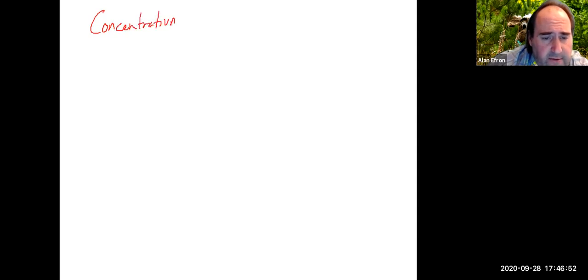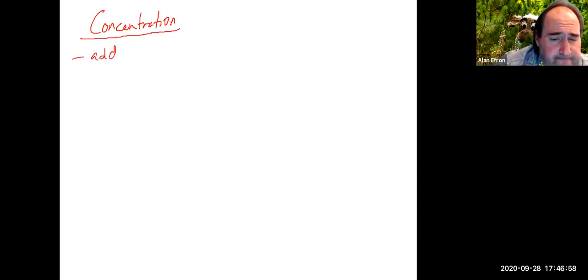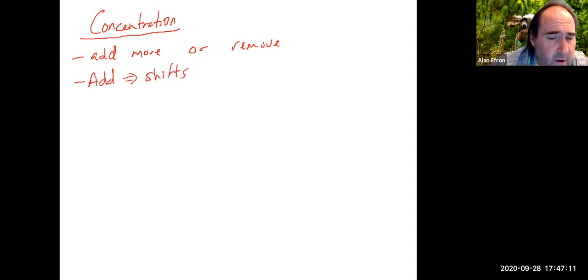You could pretty much do 2 things with concentration. You could either add more or you can remove. So let's talk about what happens when we add more concentration. So when we add, what happens to the equilibrium is it shifts away from the side we added it to.